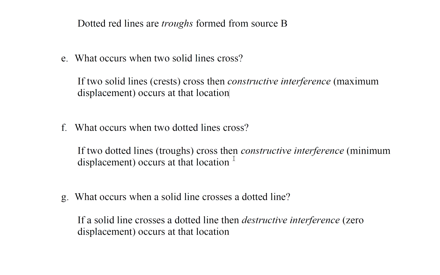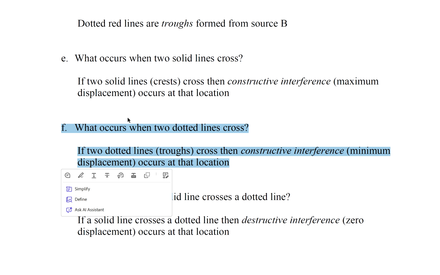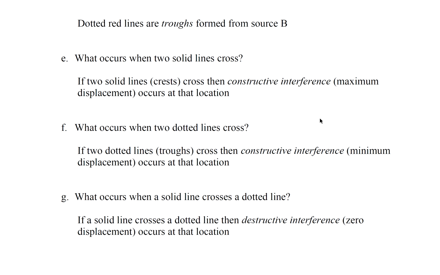What occurs when two dotted lines cross? If two dotted lines cross, then constructive interference occurs. There's a minimum displacement. When two solid lines cross, we get a maximum displacement. When two dotted lines cross, we get a minimum displacement.